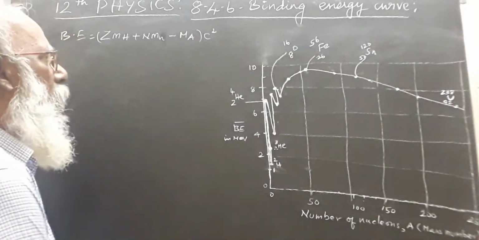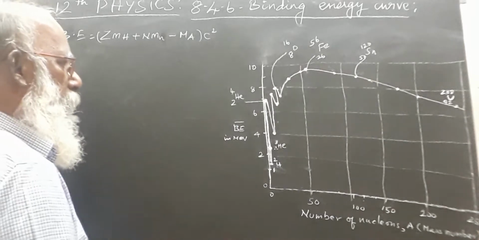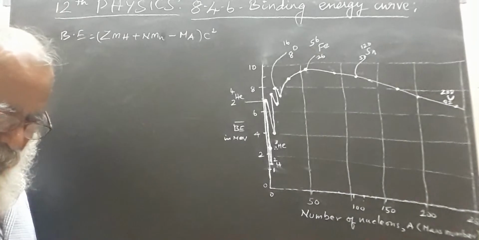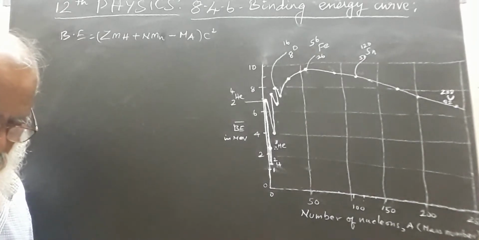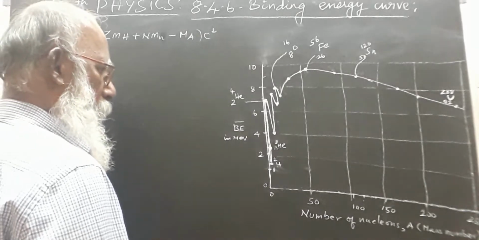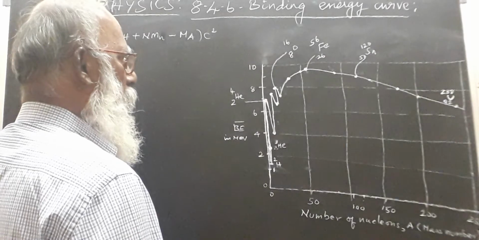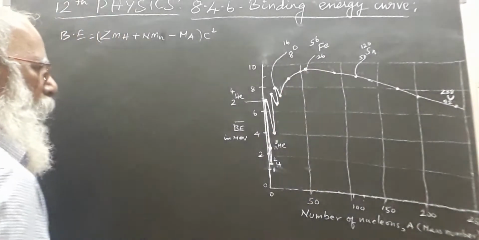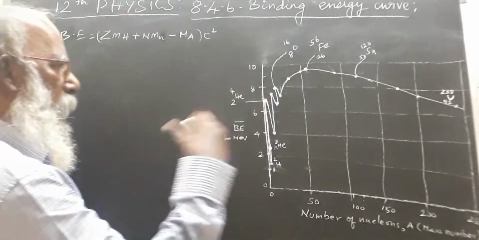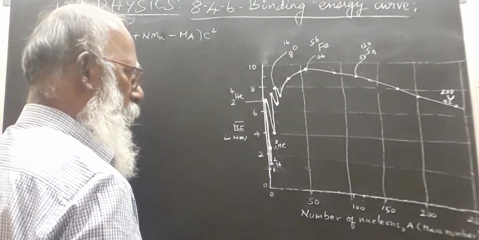It is a very important curve to explain the binding energy per nucleon. The curve is shown in the figure, how to draw it, and what results we attain from this curve. That's what we are going to see today.